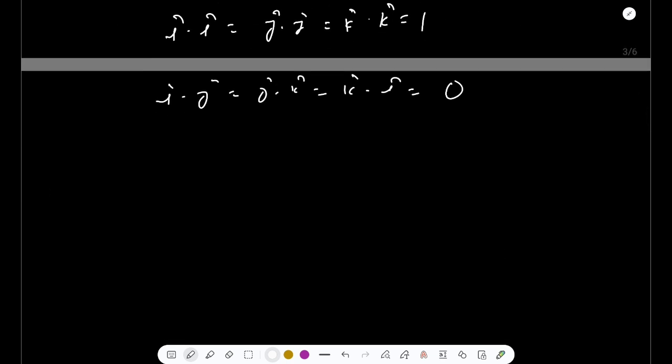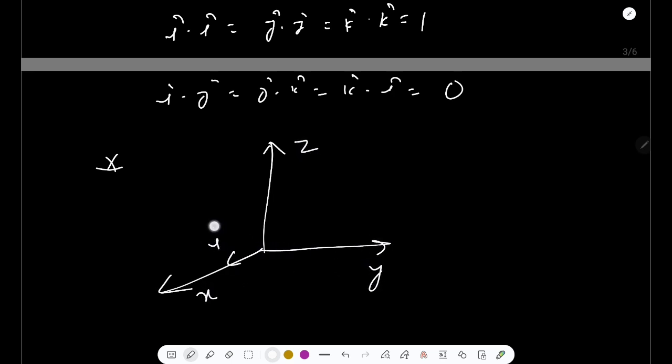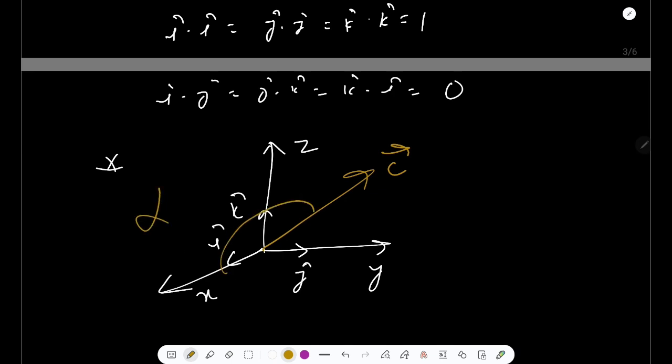And if you want to express something, like if you have a three-dimensional coordinate system like this, unit vector i along the x-axis, unit vector j along the y-axis, unit vector k along the z-axis, and if you have a vector in 3D space simply as C, and suppose it makes an angle, I don't know, alpha with the x-axis.